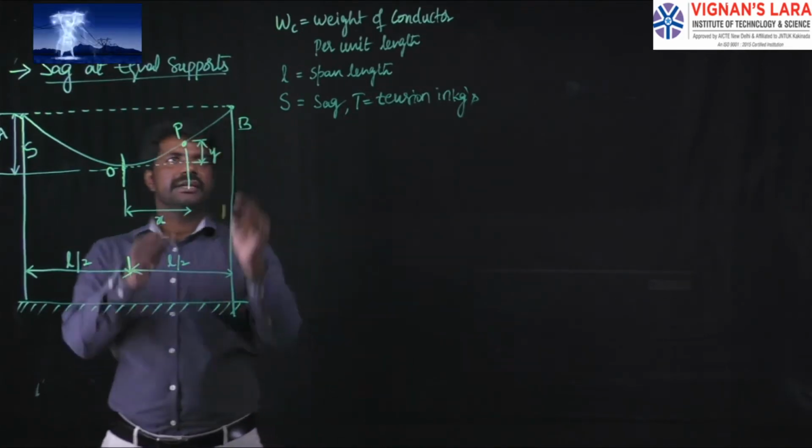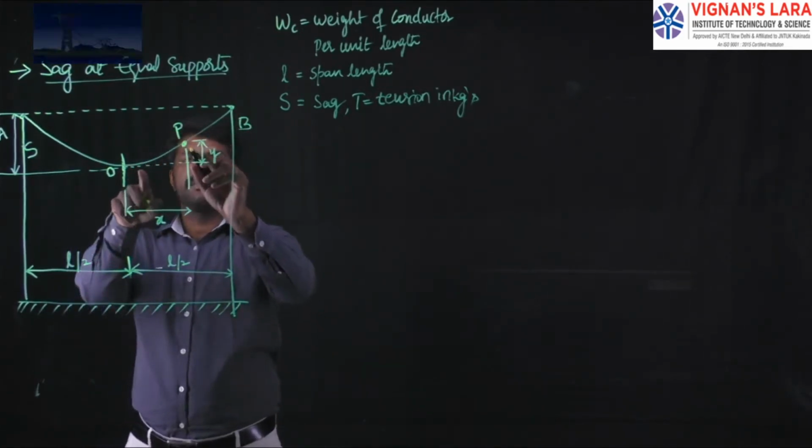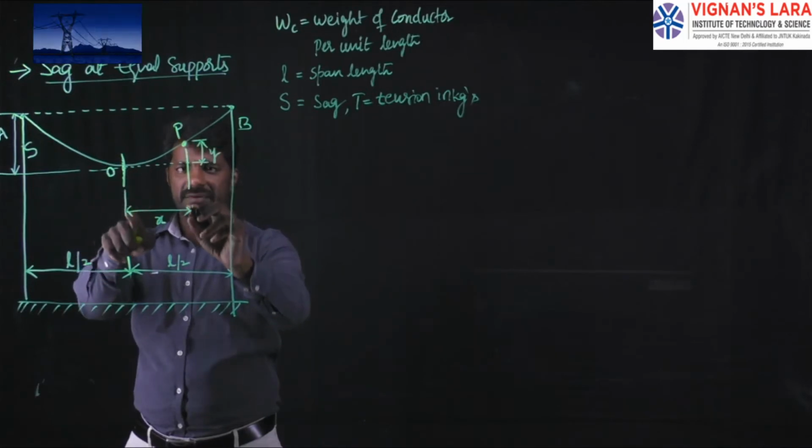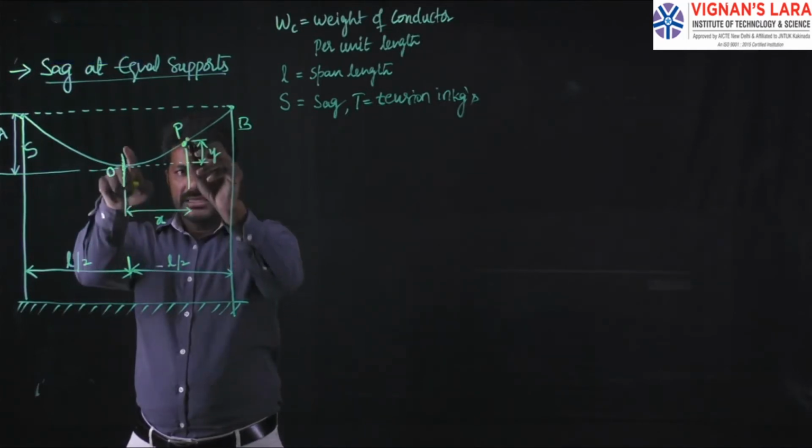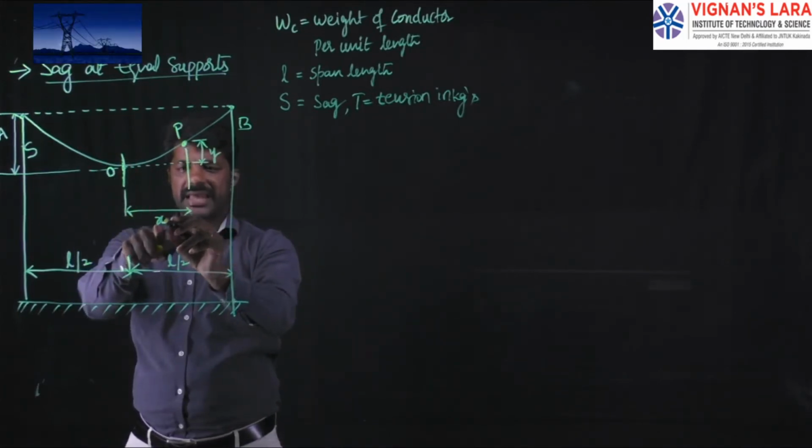As I know that WC is the weight of the conductor per unit length, the length of this section OP is x meters.